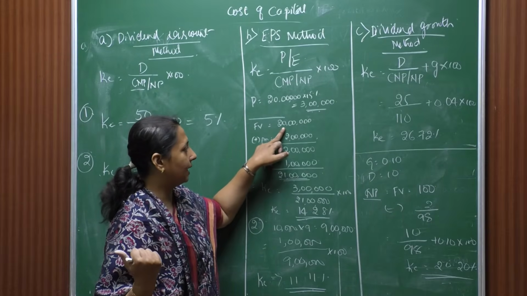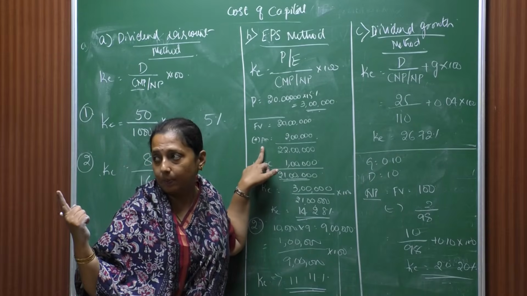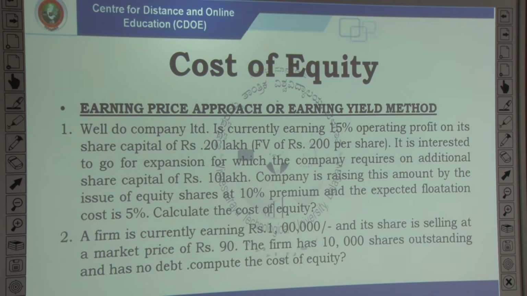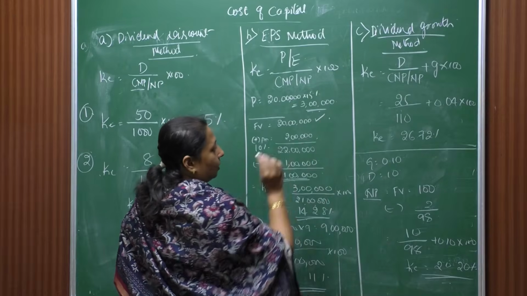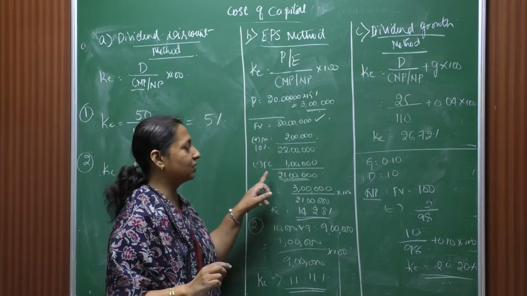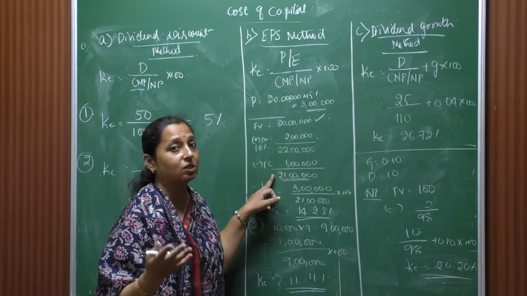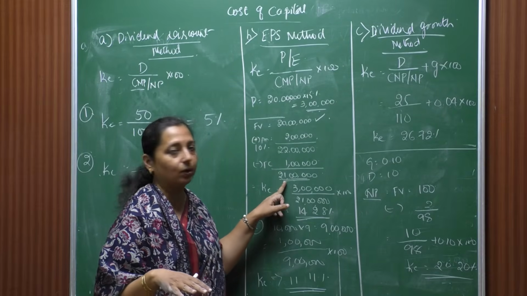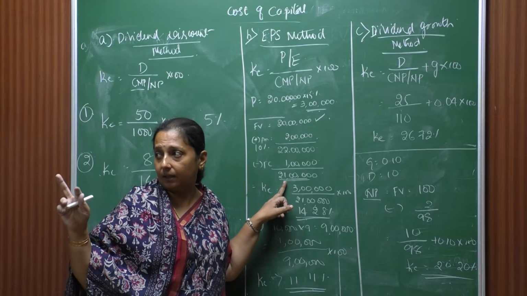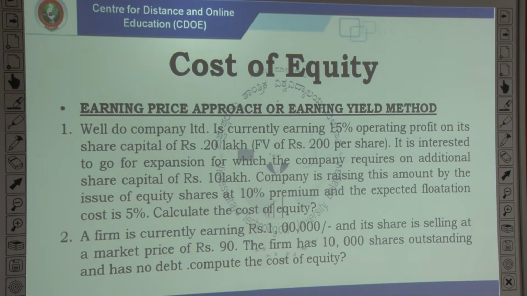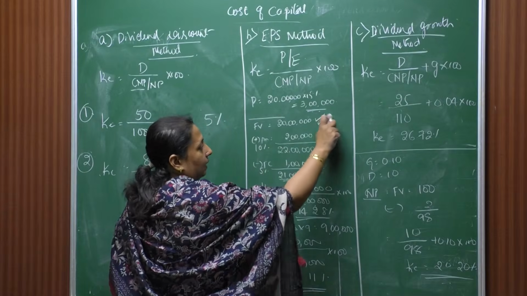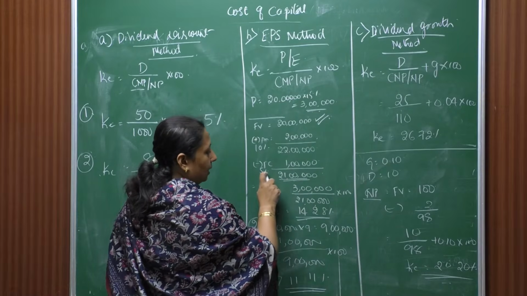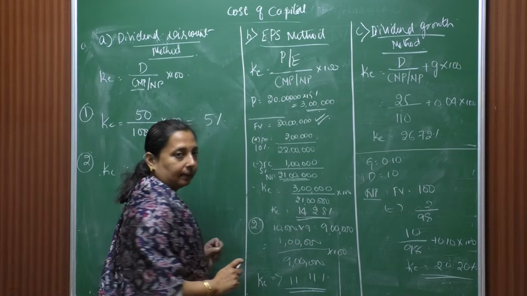Face value is 20 lakh rupees, premium is 10% on face value, 2 lakh rupees, 22 lakh less flotation cost, the cost spent on issuing the shares. The flotation cost is 5% on face value, so 1 lakh, so total net proceeds is 21 lakh.